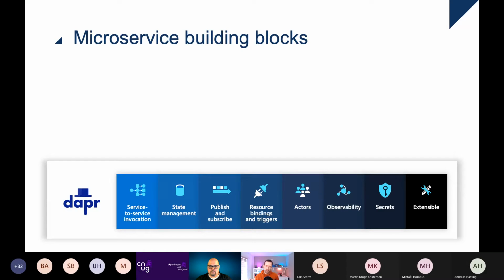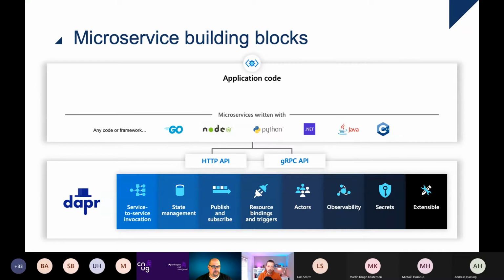So these building blocks basically provide the abstraction layer and the API, and then components that you plug into these building blocks provide the specific implementation. So that API is available through either HTTP or gRPC. So you can use both to call these Dapr building blocks. And because those are really standard protocols, you can use these building blocks basically from any language or framework.